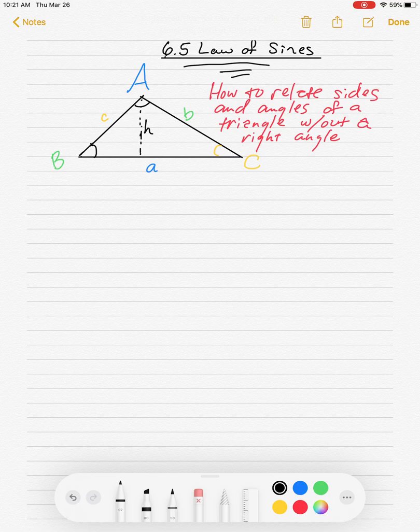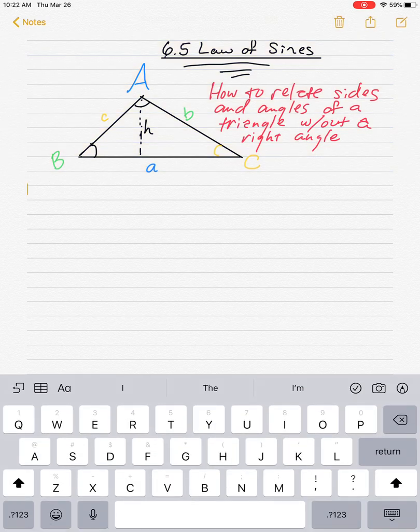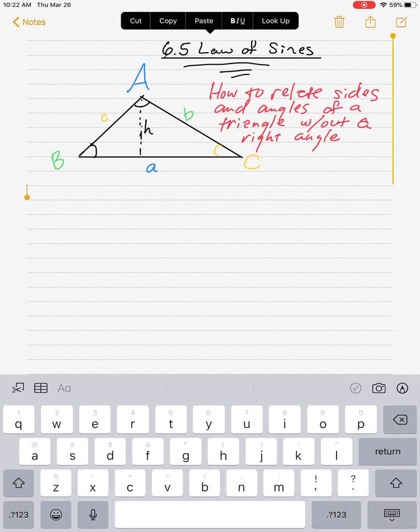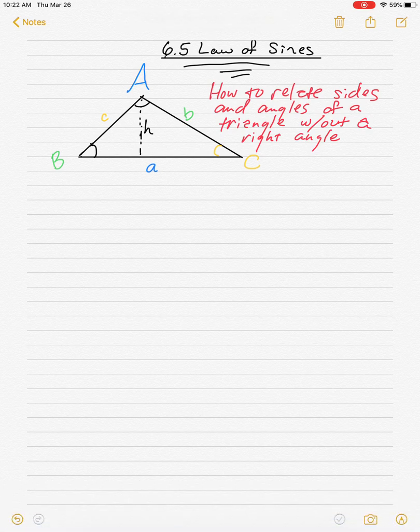So here I have my triangle. What I've done here is just labeled. The tradition or the custom is to label the angles in this triangle with big A, B, and C, and the corresponding sides with small a, b, and c.